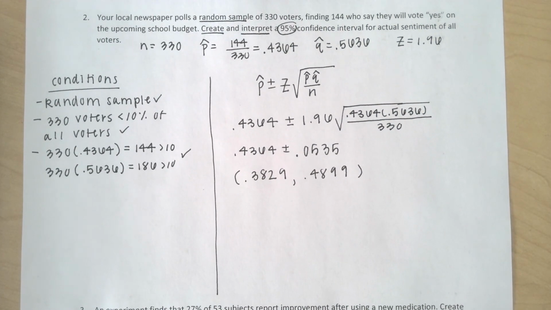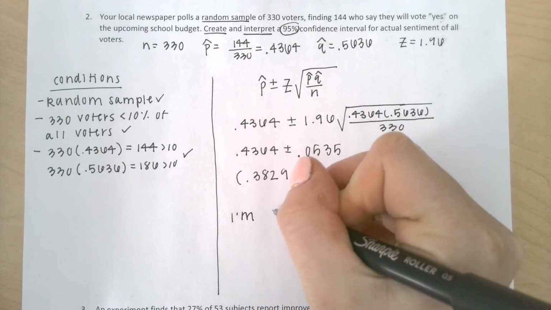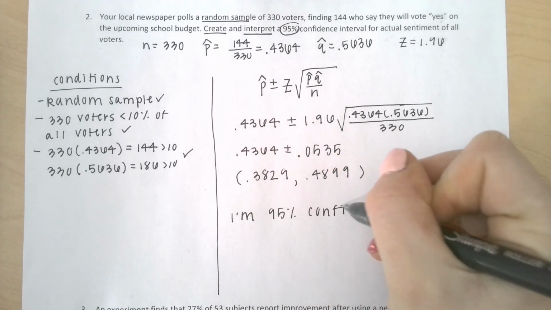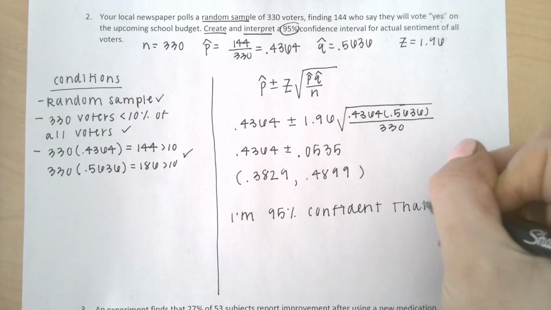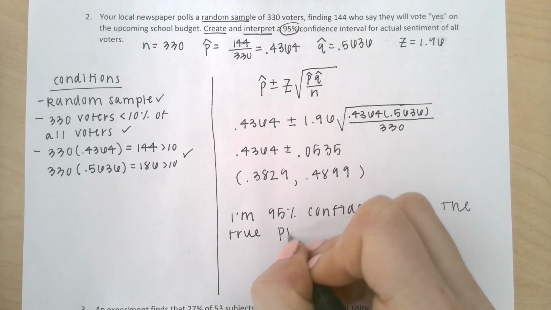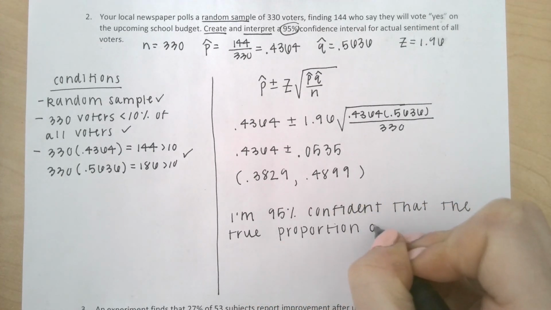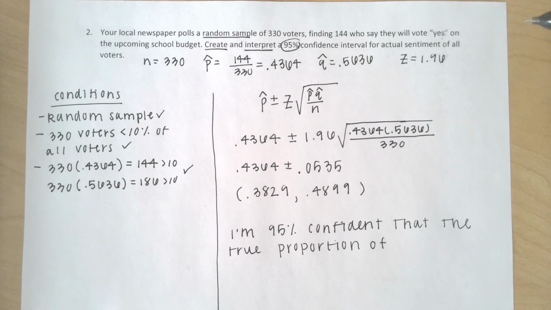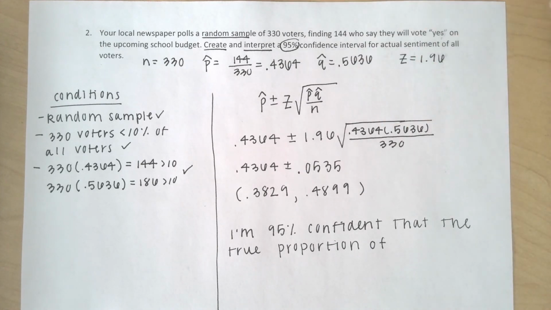Okay, the last part here is interpreting. So my interpretation will say I'm 95% confident that the true proportion of, I'm going to stop for a minute and put this in context. We were looking for the actual sentiment of all voters.